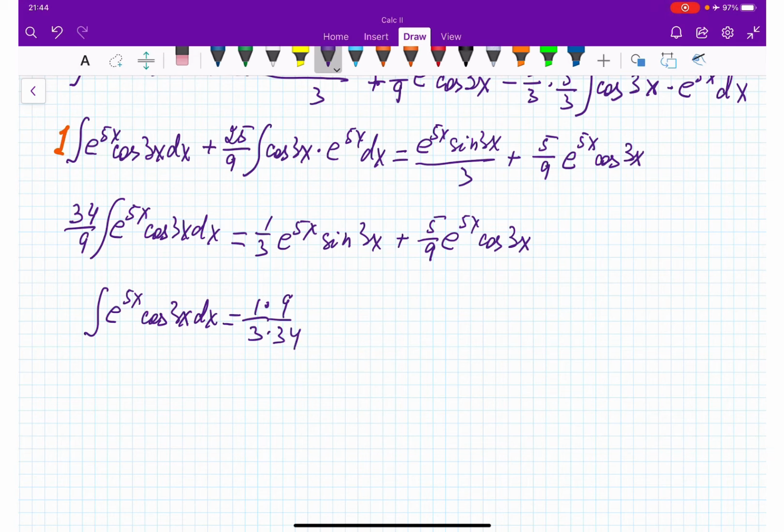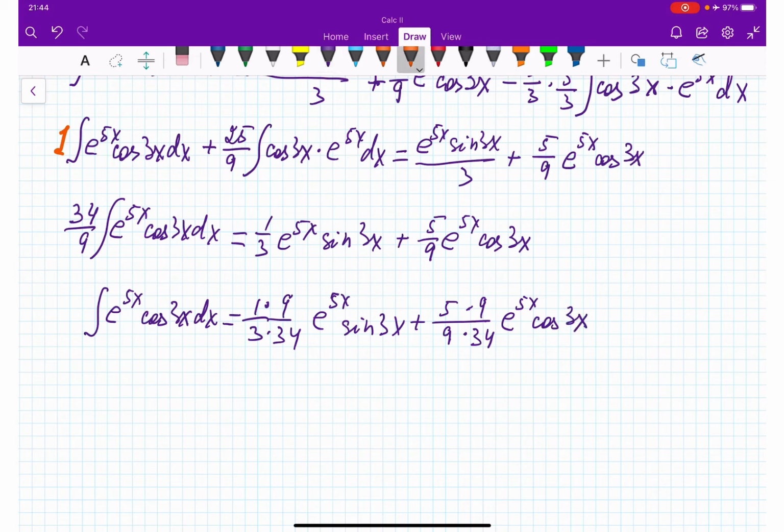Okay, and e to the power 5x sine 3x plus 5 over 9 times 9 over 34 e to the power 5x and cosine 3x.